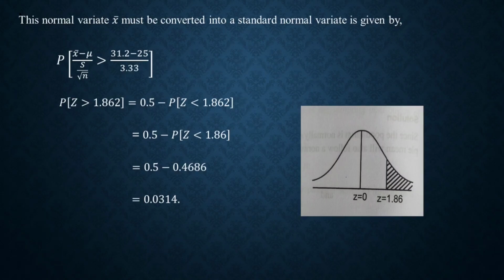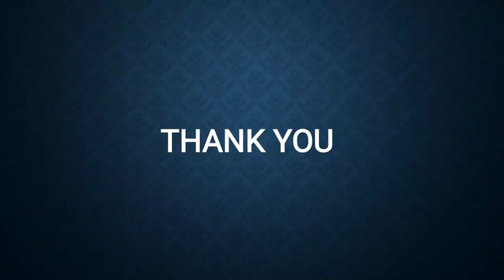Now, the value (x bar minus mu) by S by root n can be replaced by Z. So, we have P of Z greater than 1.862, which is equal to 0.5 minus P of Z less than 1.86. From the table value we have P of 0 less than Z less than or equal to 1.86, value is 0.4686. So P of Z greater than 1.86 value is 0.0314. Thank you.